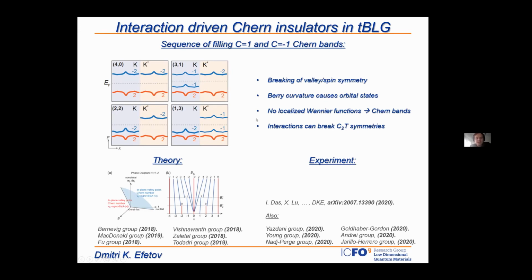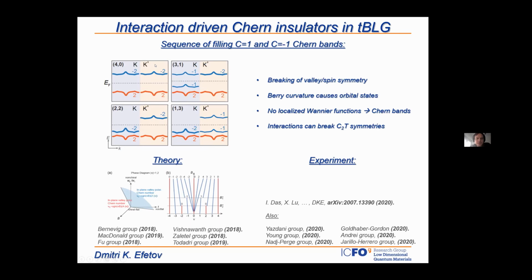Without going into detail, a big ingredient of this whole story is, of course, valley symmetry breaking, which can be induced by C2T symmetry breaking. And the general idea is that, for example, in the state of charge neutrality, we can treat it as 4 occupied bands of Chern number 1 and 4 unoccupied bands of Chern number 1, which gives us this overall Chern number of 4.